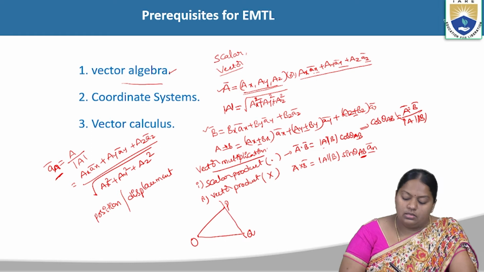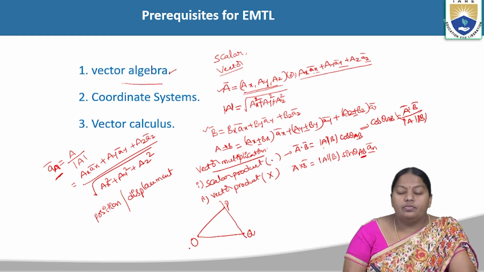Now here is the distance. I want to find the distance from the origin to the point P, where it is located at a particular point. So this distance is given by OP bar and OQ bar, which are said to be position vectors.